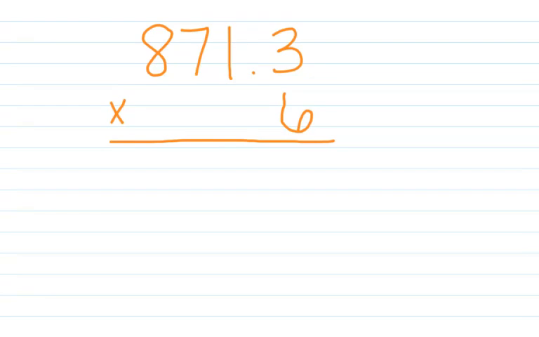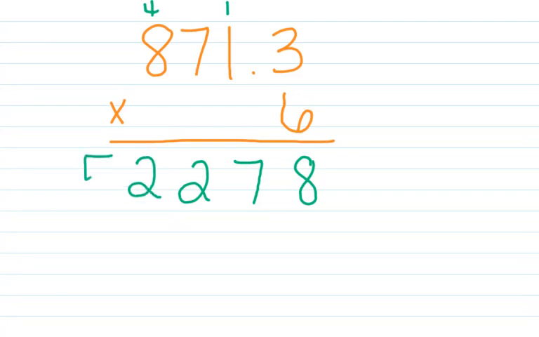So let's start multiplying. 6 times 3 is 18. Bring down the 8, carry the 1. 6 times 1 is 6, plus 1 is 7. 6 times 7 is 42. Carry the 4. 6 times 8 is 48, plus 4 is 52.